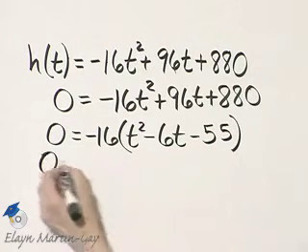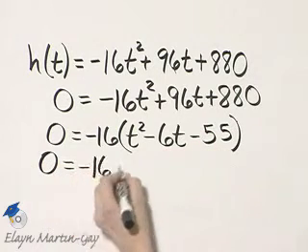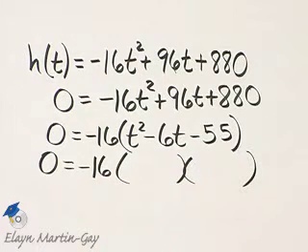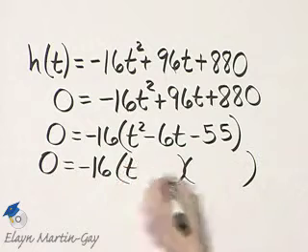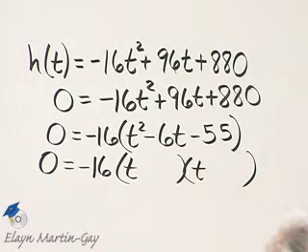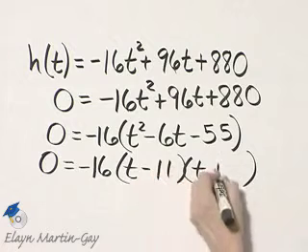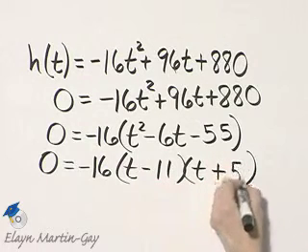And now let's continue to factor. That's negative 16. Let's see if this trinomial factors as two binomials. That's t and t. I'm looking for two factors of negative 55 whose sum is negative 6. So that will be negative 11 and positive 5.